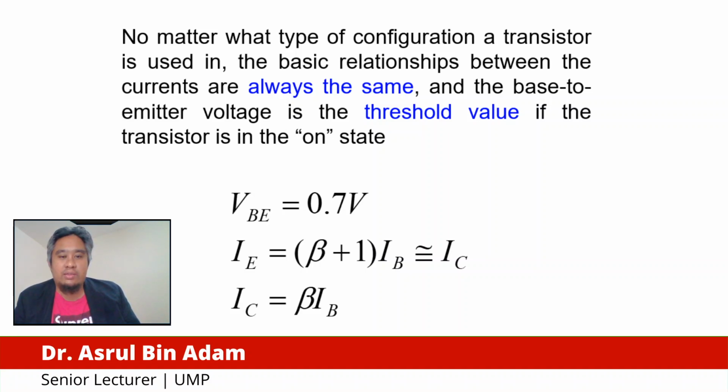And the last one, the most important formula that you have to remember and memorize, is IC equal to beta IB. These three formulas are the main formulas that we can use for all types of configuration, and for this video we can use these three formulas for the common base configuration.